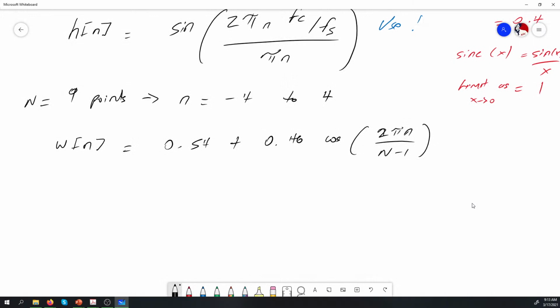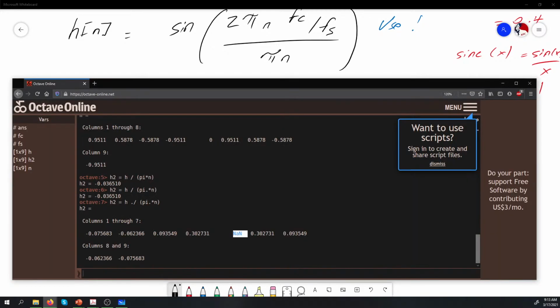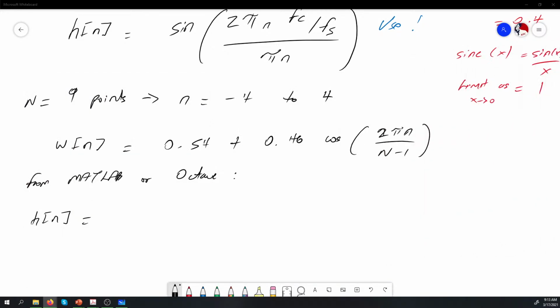So we can say from MATLAB or Octave, h of n here is equal to, I'm just going to bring aside my Octave, I can copy these down.